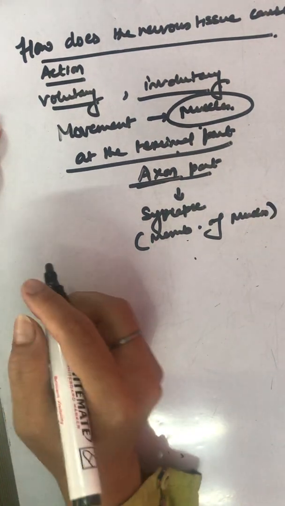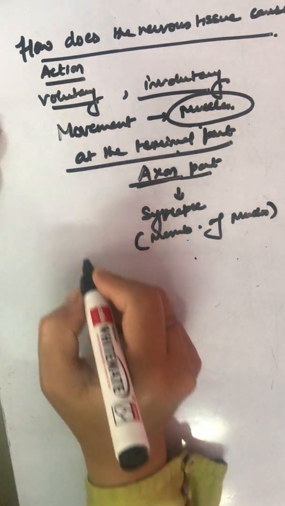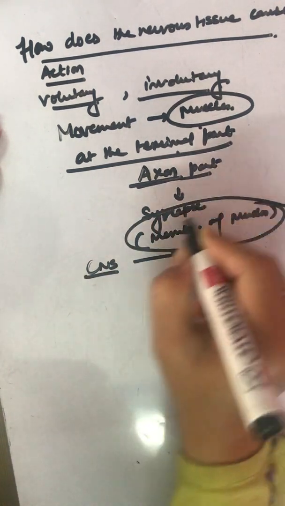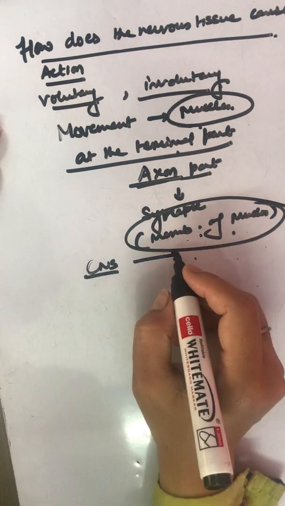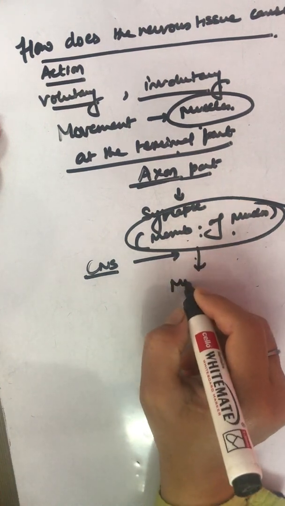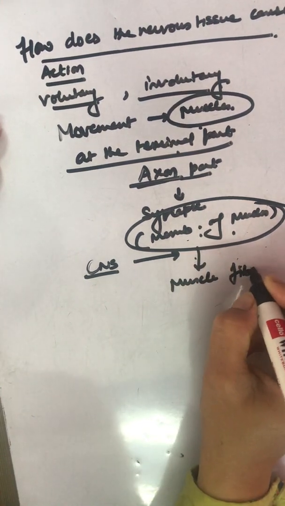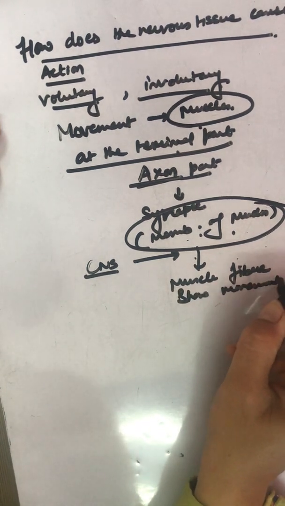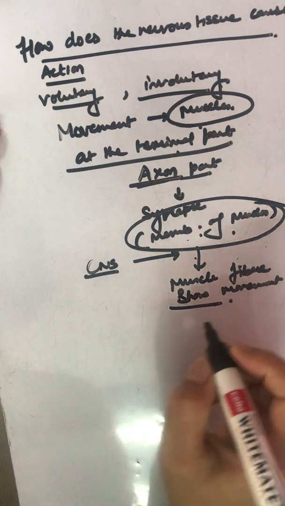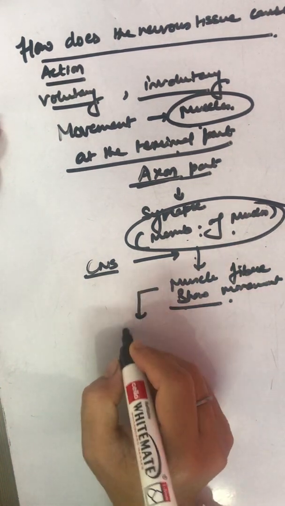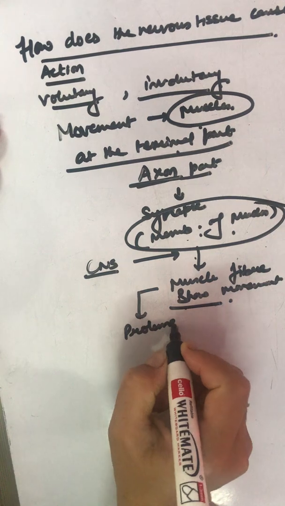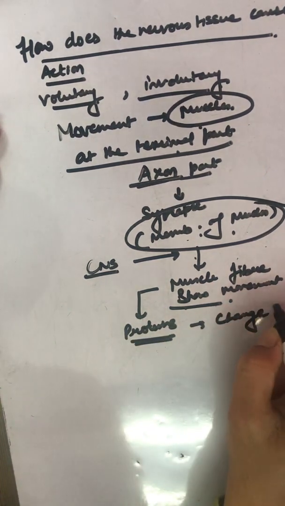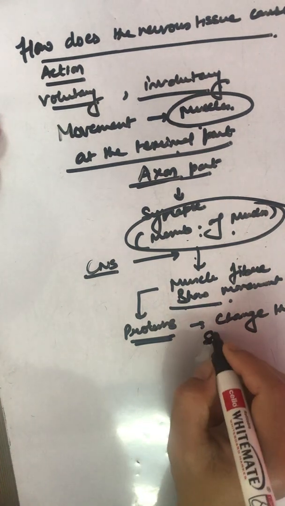Then when the nerve impulse from CNS reaches the muscle area, this area where it forms the synapse, the muscle fibers show movement. How can these muscle fibers move? Because muscle fibers are made up of proteins. And these proteins change their shape.